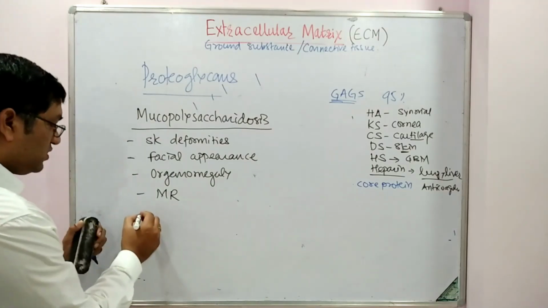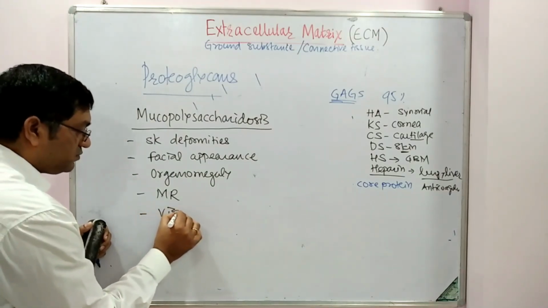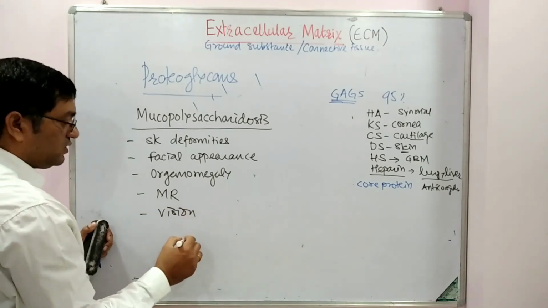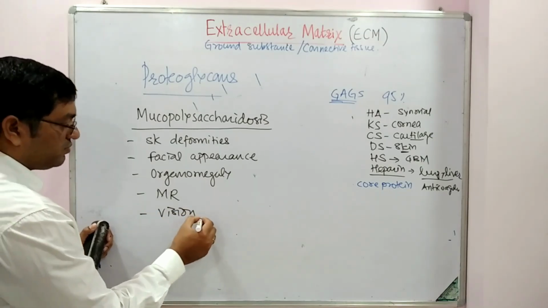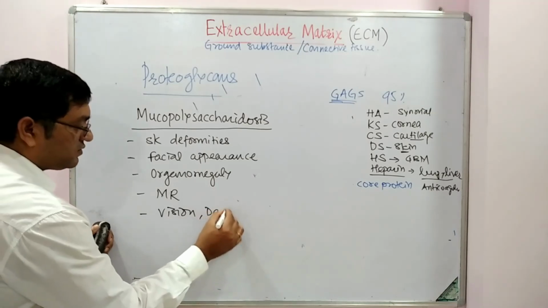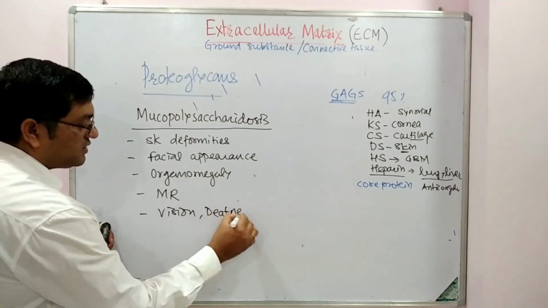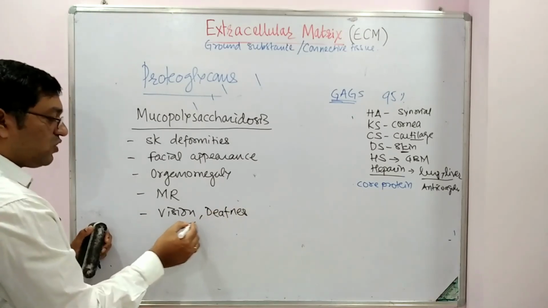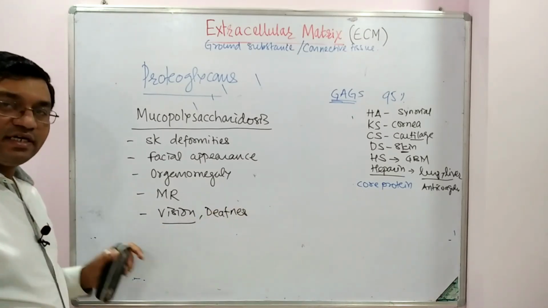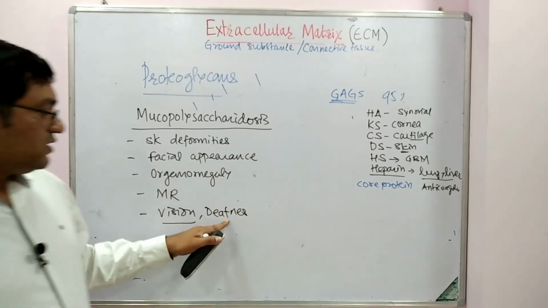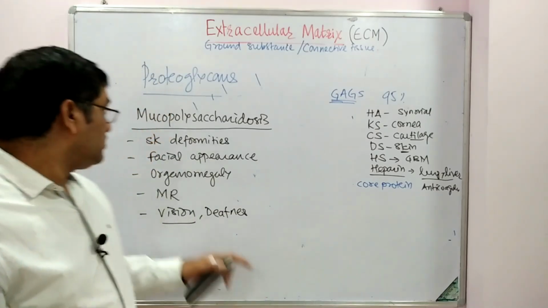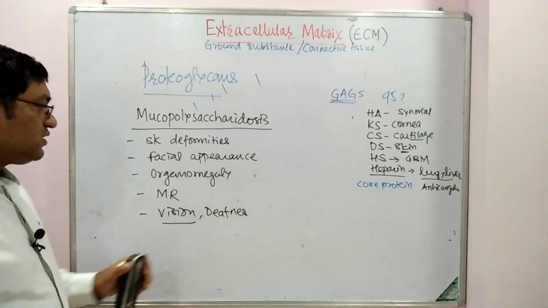Then there is involvement of vision and deafness. Corneal involvement is there, retinal involvement is there, and there is deafness in mucopolysaccharidosis. So these are the typical symptoms.